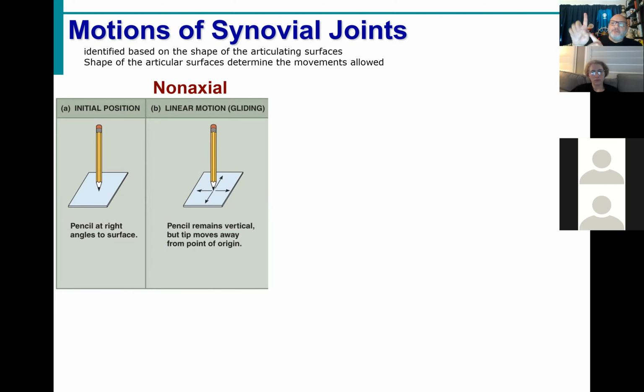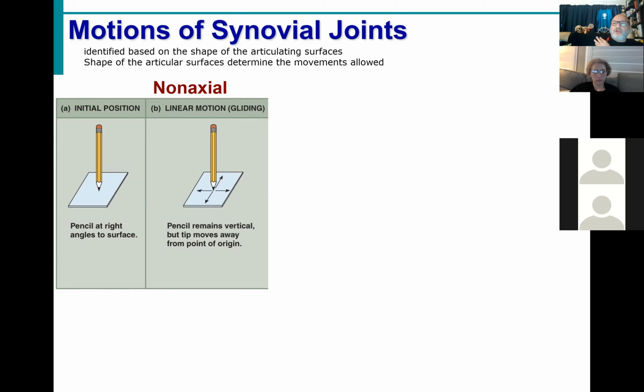However, the joint between my metacarpal and the proximal phalanx is a different type of joint. Not only can it go forward and back, but it can go left and right. Notice it can move on two axes. And if it can move on two axes, guess what we call that? Biaxial. Biaxial, absolutely, right?